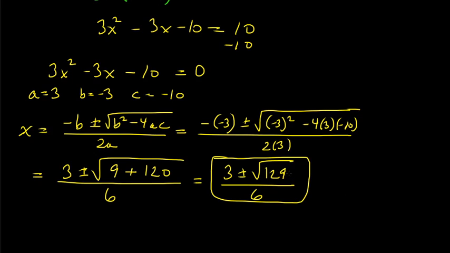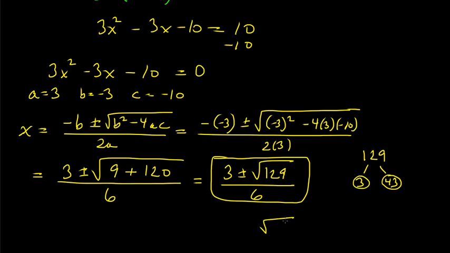Now, the only question is, can we simplify 129? Well, let's see. If we divide by 3, I think we get 43. But 43 is a prime number.